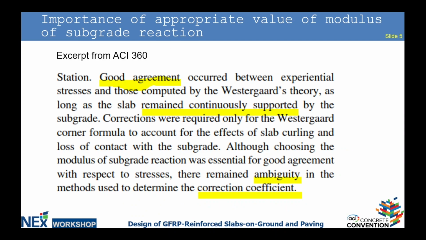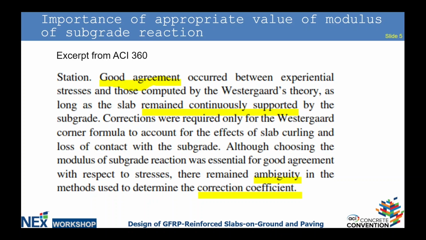Okay? Now, in the past, ACI 360 says that there's good agreement between those experimental stresses versus those that were computed by people like Westergaard using those classical beam on elastic foundation theory, okay?